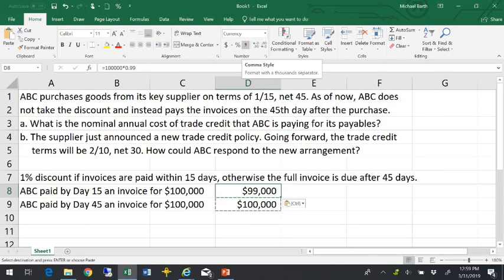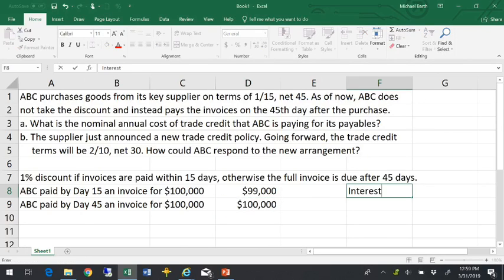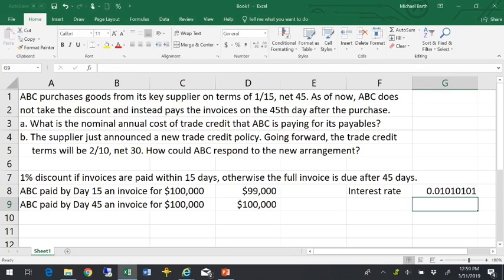So the real cost of the inventory is the cash cost, $99,000. And if they don't pay for it within the first 15 days during the free trade credit period, then they're essentially borrowing the money from day 16 through day 45, roughly 30 days. The 30-day interest rate, if you will, for 30 days would be $1,000 on a $99,000 invoice.